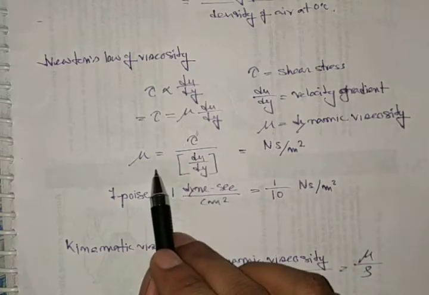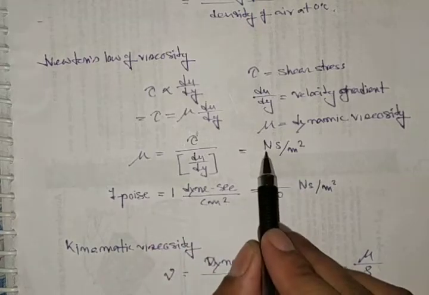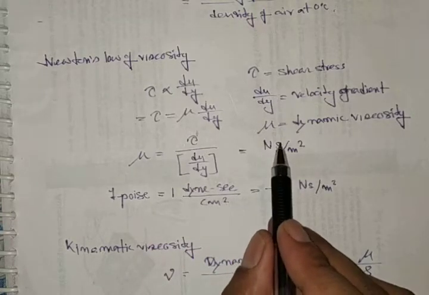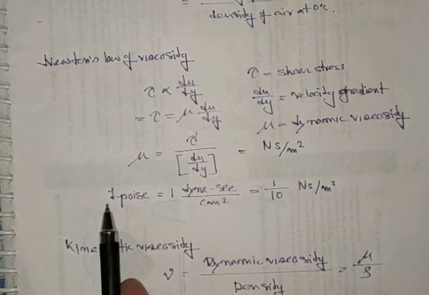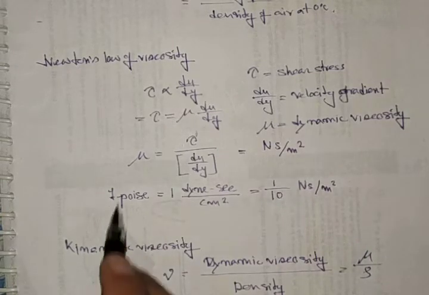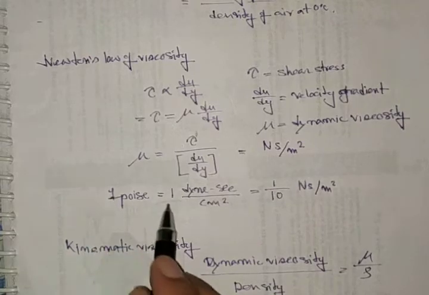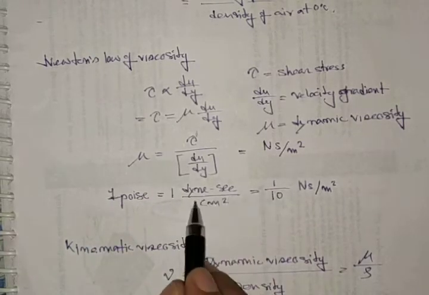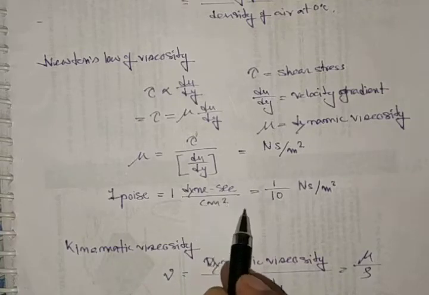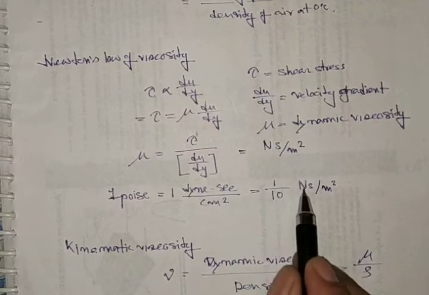The SI unit of dynamic viscosity is Newton second per meter square, and there is another unit called poise. 1 poise is equal to 1 dyne second per cm square, which is equal to 1 by 10 Newton second per meter square.